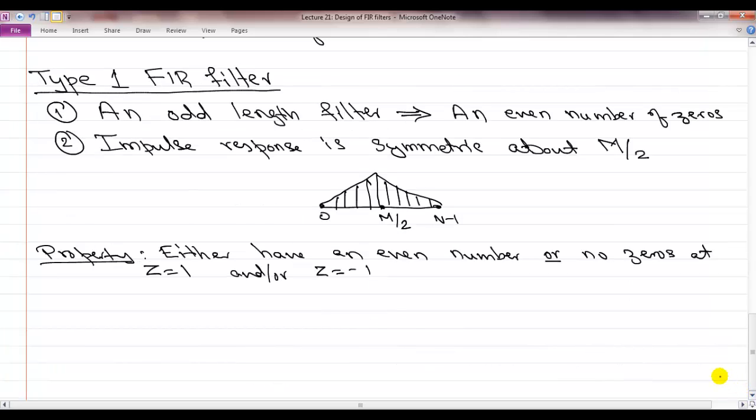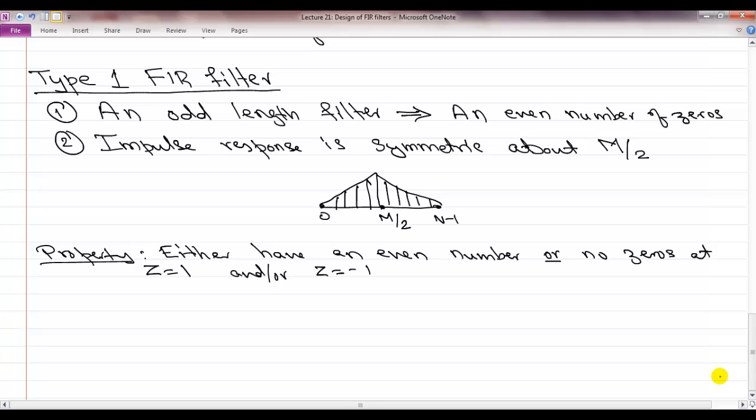If a filter has a zero at z equal to 1, that means that frequencies around 0 are pulled down.